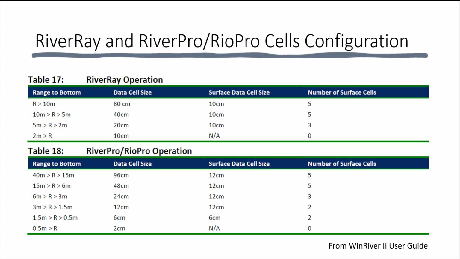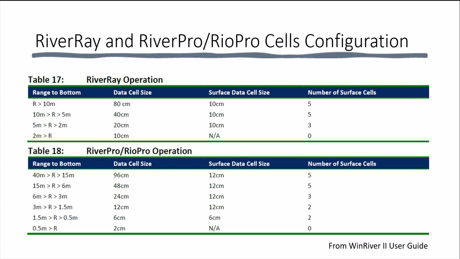For the RiverPro and Rio Pro, between 40 and 15 meters, the regular cell size is 96 centimeters, and there are 5 12-centimeter surface cells. Between 15 and 6 meters, the regular cell sizes are reduced to 48 centimeters, and there are 5 12-centimeter surface cells. Between 6 and 3 meters, the regular cells are reduced to 24 centimeters, and there are 3 12-centimeter surface cells.